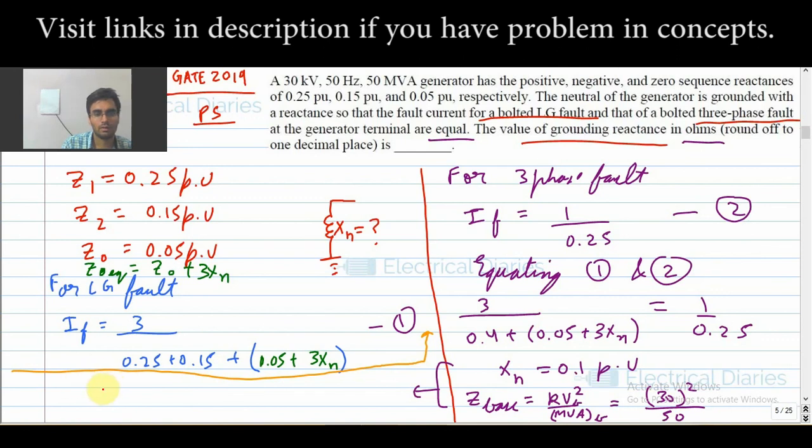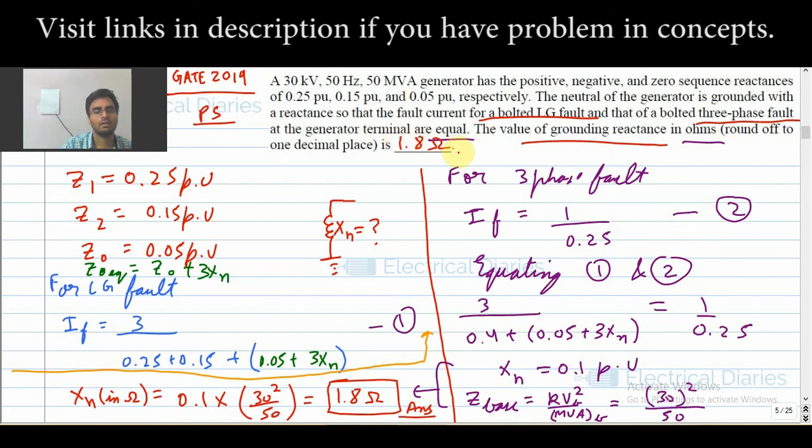Okay, so here your Xn in ohms will be, I hope you know, per unit is equal to actual value divided by the base value. So the actual value of Xn will be per unit value into the base. Base is 30 square by 50. So on solving it, it will come out to be 1.8 ohms. So 1.8 ohms is the answer.